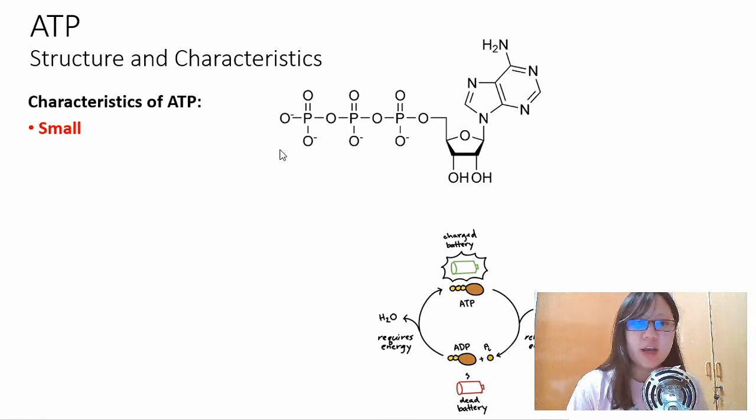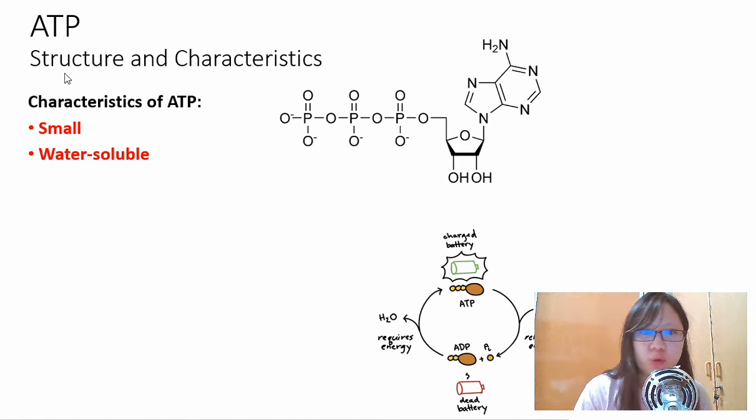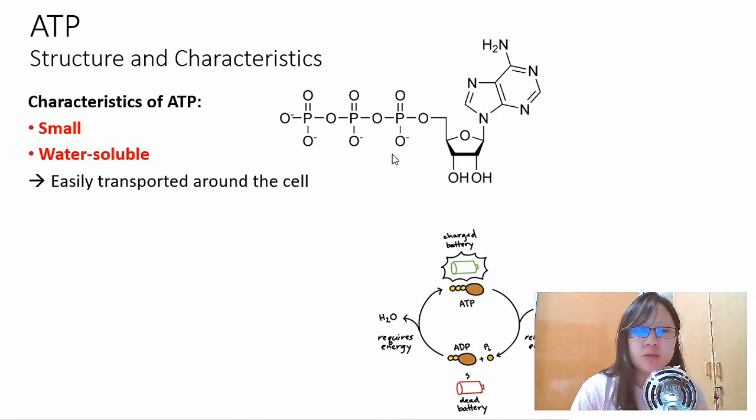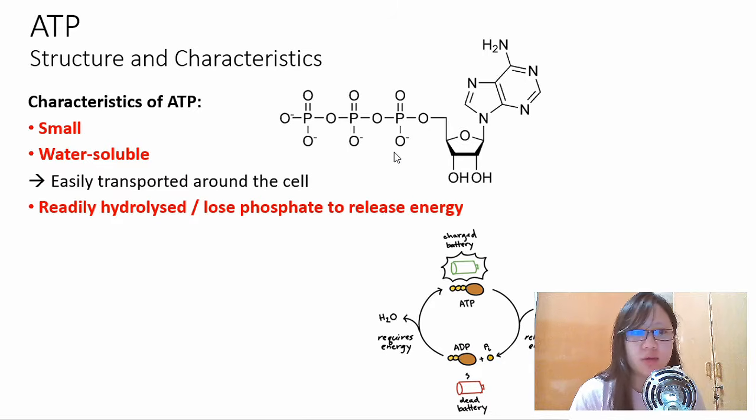Now, what are the other characteristics of ATP, or the technical term would be, what is the chemical property of ATP? Now, it is very small. It is water soluble, as it is negatively charged here. So it's easily transported throughout the cell. So very good molecule here. It's easily hydrolyzed.